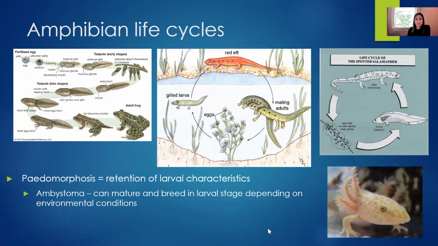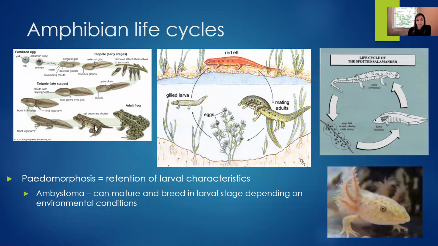Here are some examples of the different life cycles that we see in amphibians. So anurans, frogs and toads, they start out as an egg, hatch into a tadpole. The tadpole develops. Sometimes it takes up to 2 years for a tadpole to develop. Legs grow. This is all aquatic, right?